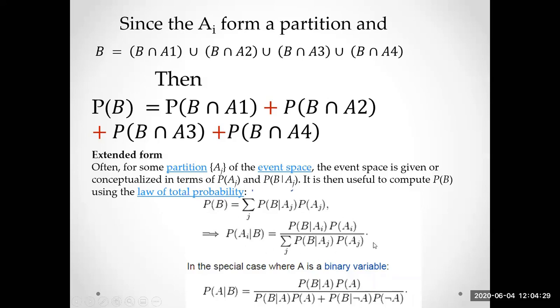You can rewrite it like this. I'm not going to do it right now, but this is basically the same proof that we did before for a partition with just 2 sets. Now we have a partition with 4 sets. We could have a partition with 10 sets or 100 sets, it doesn't matter. You're going to get the same basic idea. And so this is the general expression of Bayes' theorem.